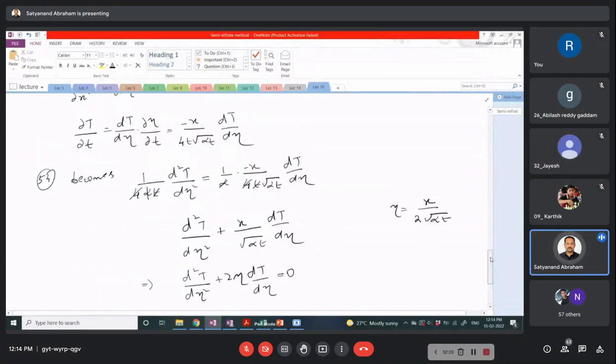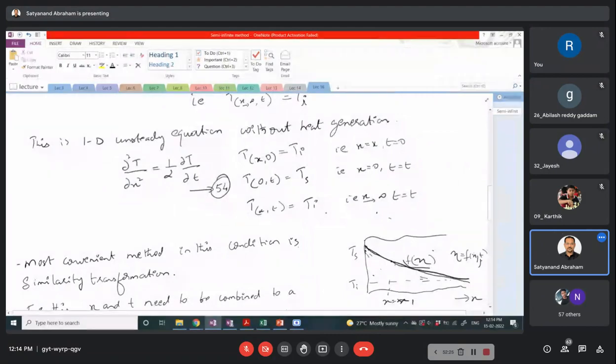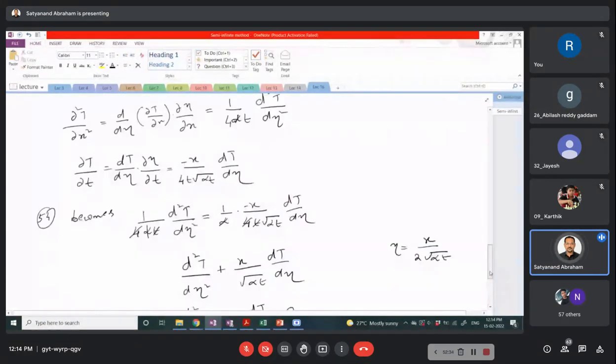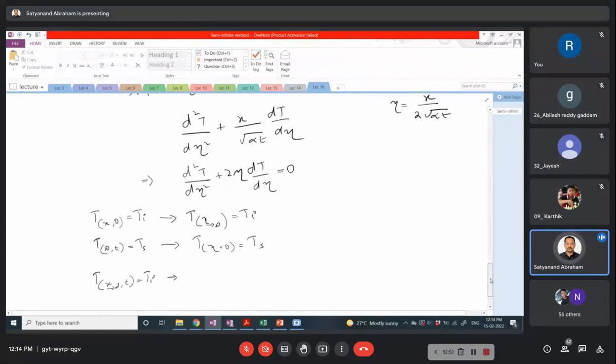But if you remember, our basic equation has three conditions, right? There is one initial condition as well as two boundary conditions. We cannot neglect this, even though we have converted our equations, we cannot change our physics. So we need to see what happens to our third boundary condition also. That says at x tends to infinity, T is equal to Ti. How can we convert that?